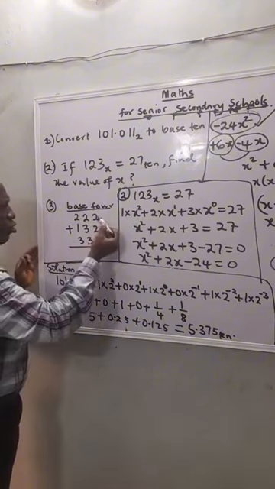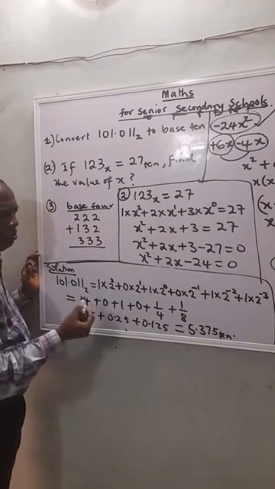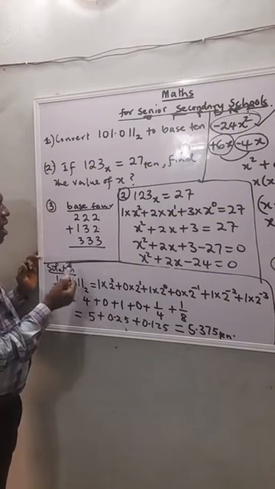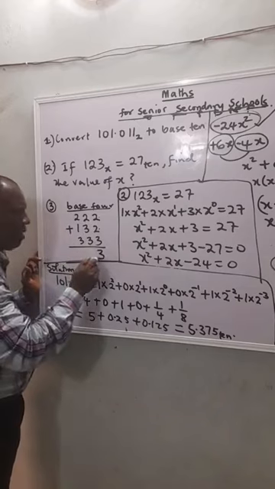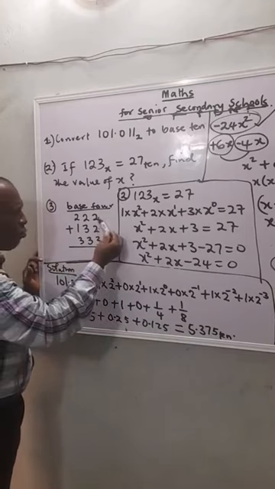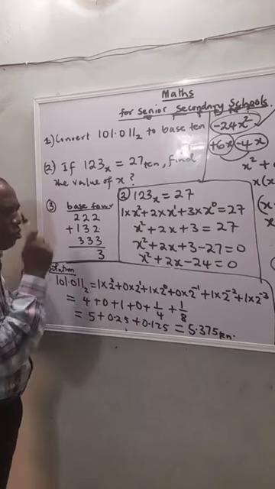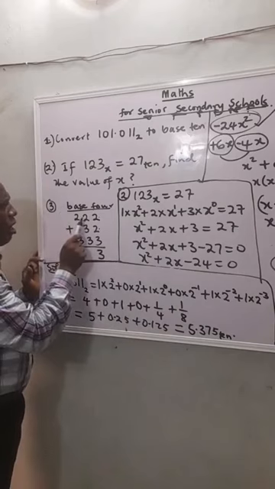For instance, 2 plus 2 is 4, 4 plus 3 is 7. I can't write 7. I will say, how many 4s can I find in 7? One time, remainder 3. Always write down the remainder. I'm carrying the 1 to the next level.